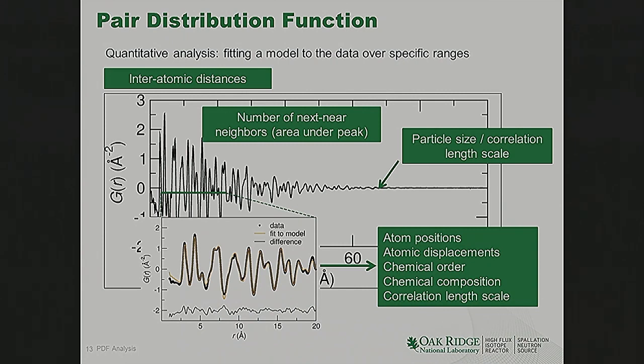That's a motif you'll see throughout the rest of the work presented, by the way. You can refine things like atomic positions, their displacements, chemical order, composition, the local versus long-range structural motif, or something like a real space group, and like I said, the correlation length scale, quantitatively.